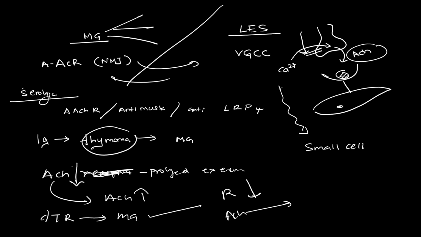But in Lambert-Eaton syndrome, the problem is that the acetylcholine levels are low because there is not enough influx of calcium, and hence even though you tap on the muscle to cause a deep tendon reflex, the amount of acetylcholine is less, and hence there will not be much of a motion to be appreciated.